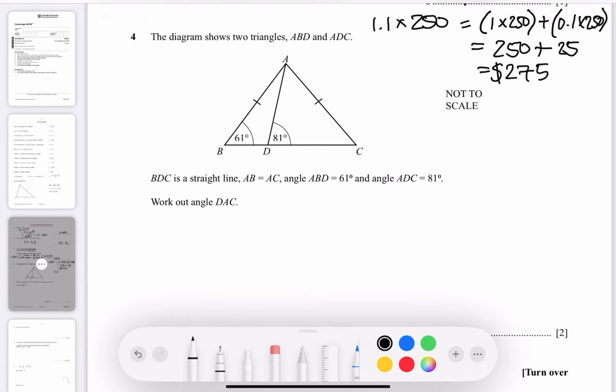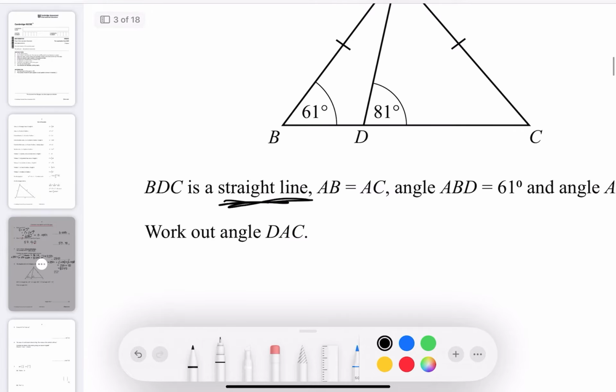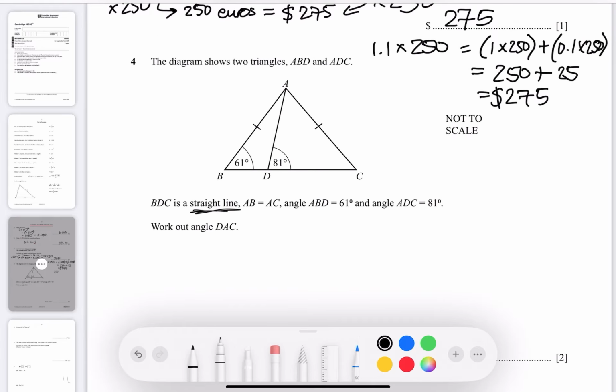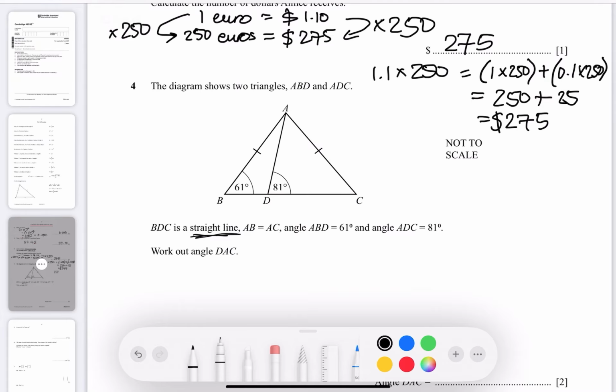Okay, now we are given 2 triangles. ABD and ADC. And BDC is a straight line. So whenever you hear a straight line in your exams, there should be a trigger word for you to cast your mind back to angles on a straight line add up to 180.